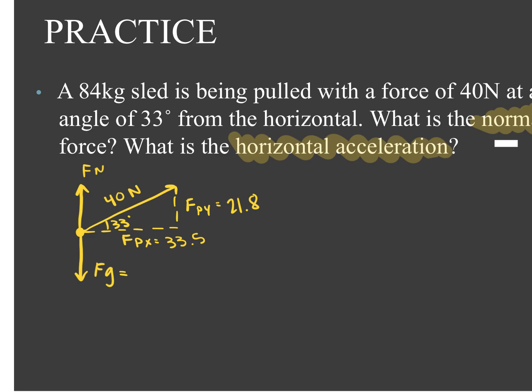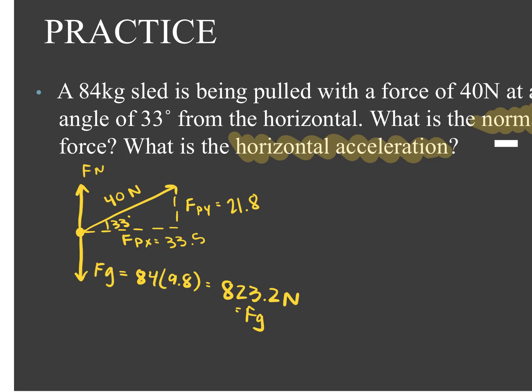Okay, so let's go ahead and solve to find out what is gravity here. The gravitational force is mass times the acceleration of gravity, so 84 times 9.8 gives us 823.2 newtons is the weight, Fg.